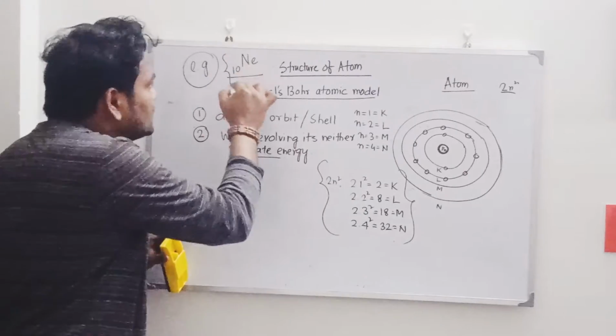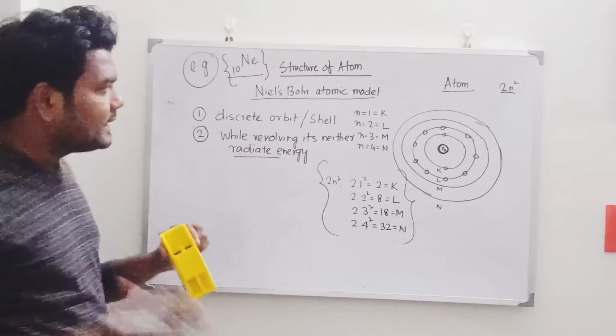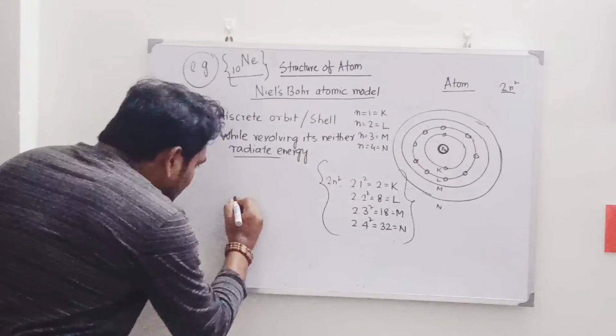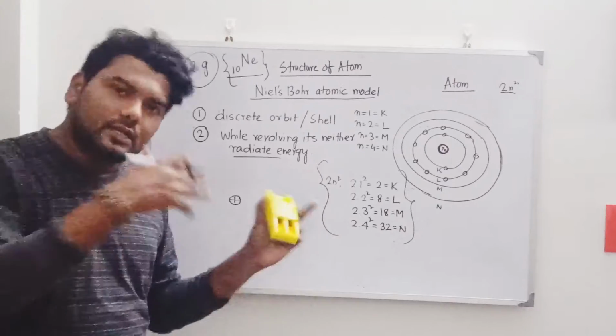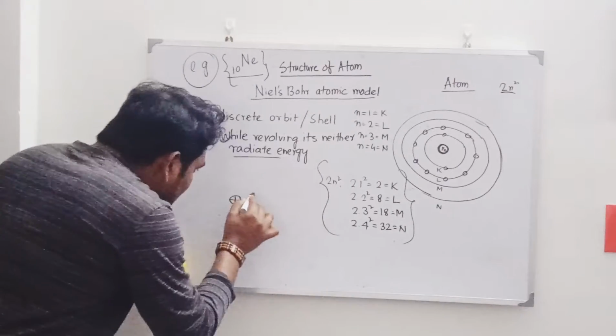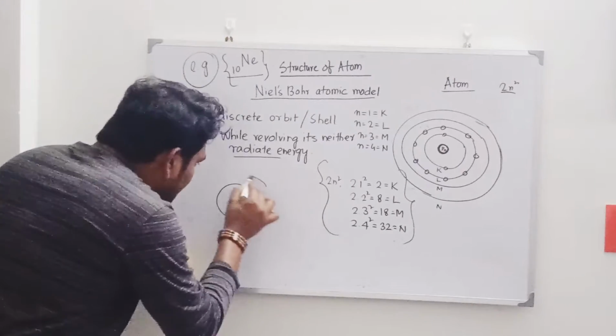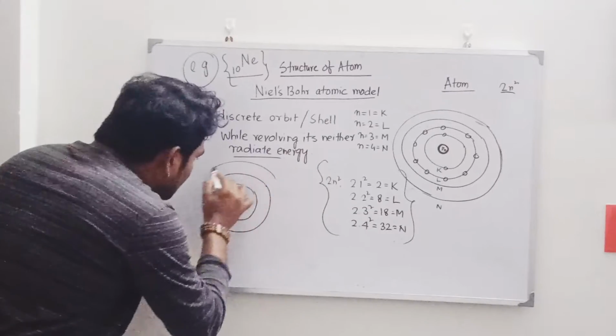So the number of electrons is 10. If we draw the atom, this is the nucleus. I am marking it positive because protons are there, and then the shells for the electrons.